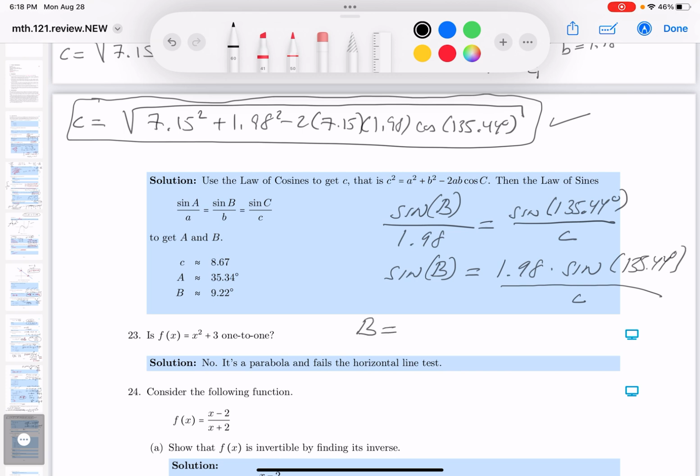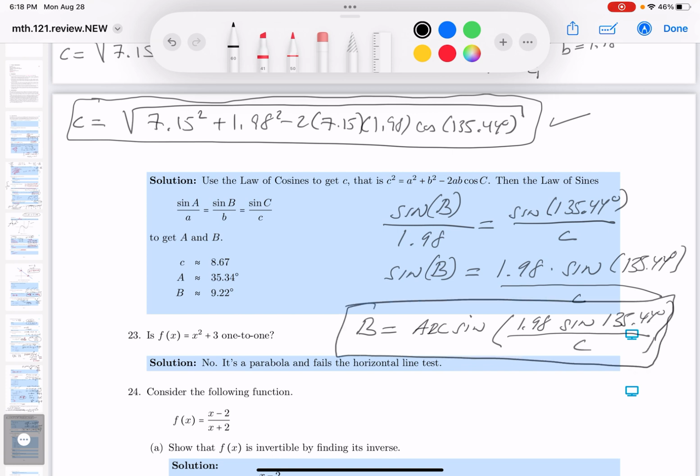It's relatively simple. It's the arcsine of 1.98 sine 135.44 degrees over C. I'm going to put a box on this indicating I'm not going to do the arithmetic on the exam. It's just too difficult. I don't have a calculator.